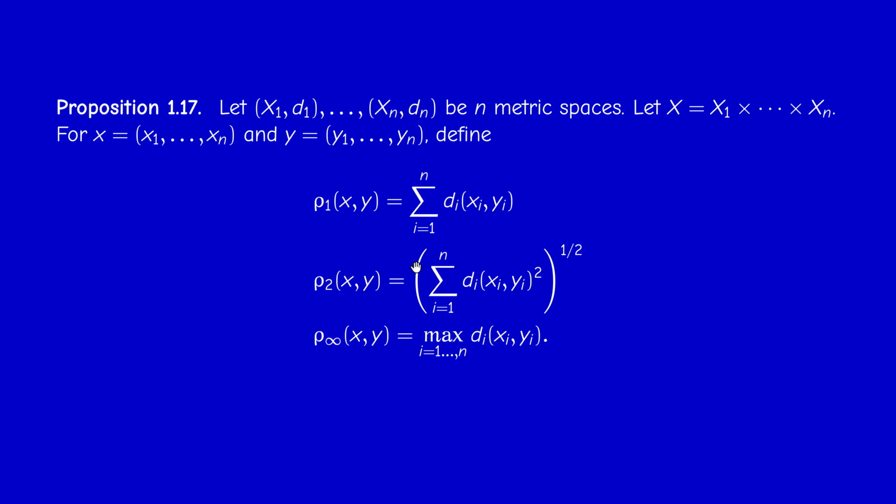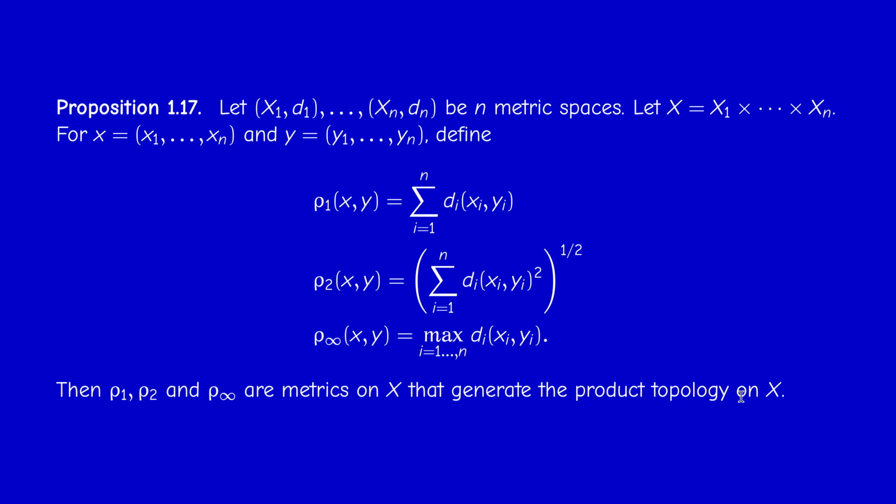And this is not difficult actually. So they are distances, and moreover, they are topologically equivalent, and they generate the product topology that we defined earlier. So there's something to do here. I suggest that you try to do it on your own, because you cannot learn just by watching videos. You have to make your hands dirty.